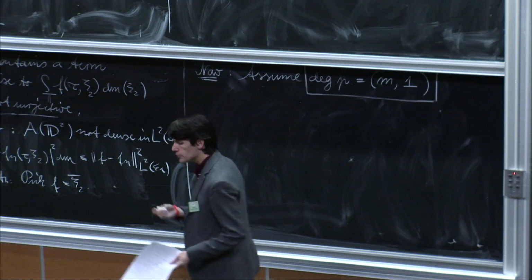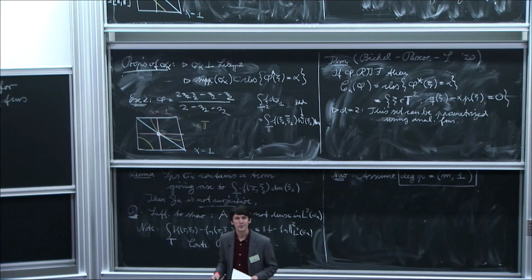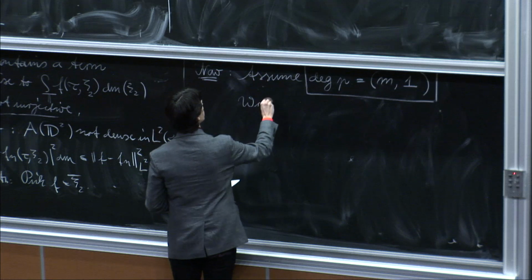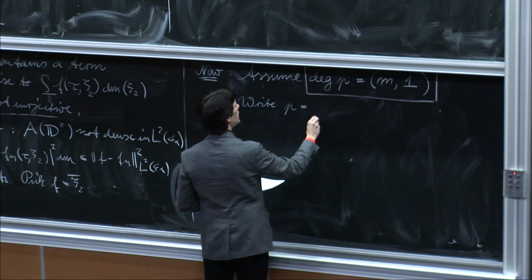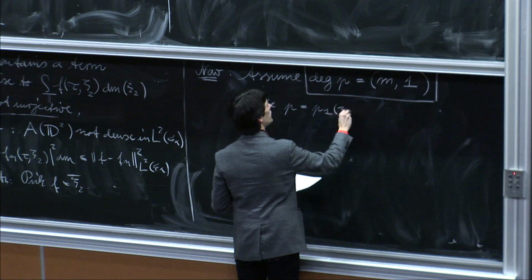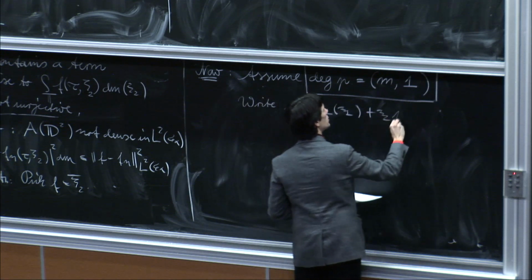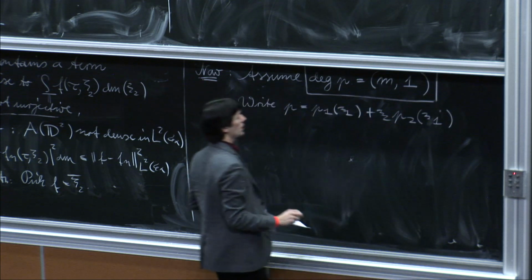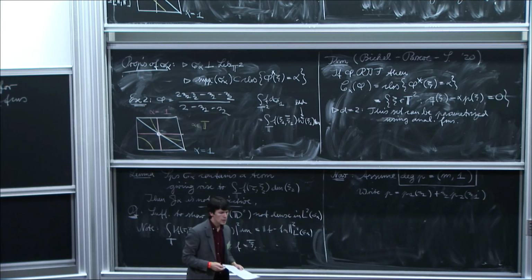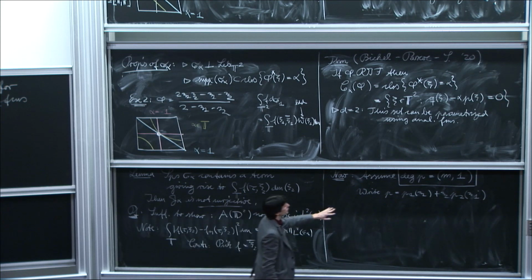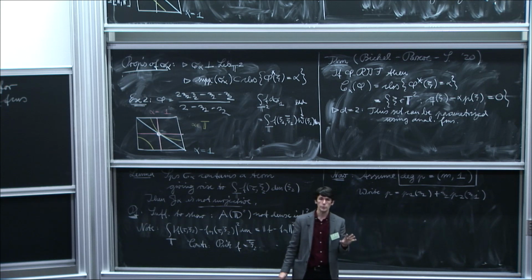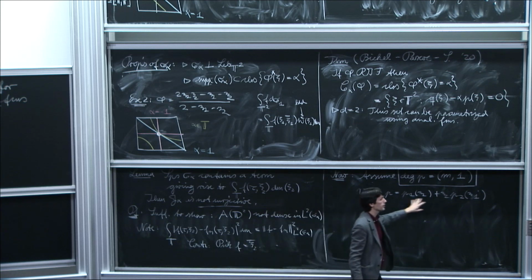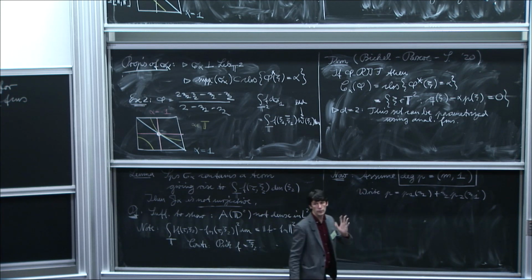That seems like a major restriction, but you get plenty of interesting behavior in this case already. I'm going to write polynomial P as P1 of z1 plus z2 times P2 of z1. That just follows from that assumption. There are some facts that you can immediately deduce about P1 and P2 as polynomials of one variable. P cannot vanish in the bidisk, and that tells you certain things about the ratio of P1 to P2, and so on and so forth.